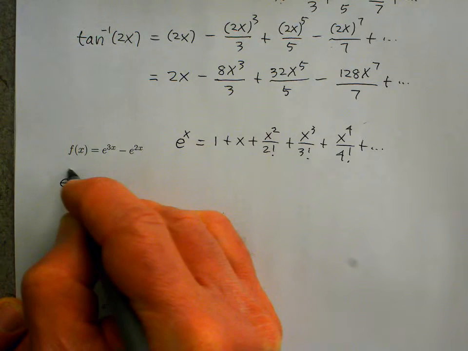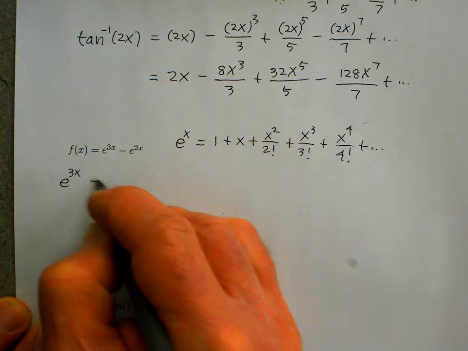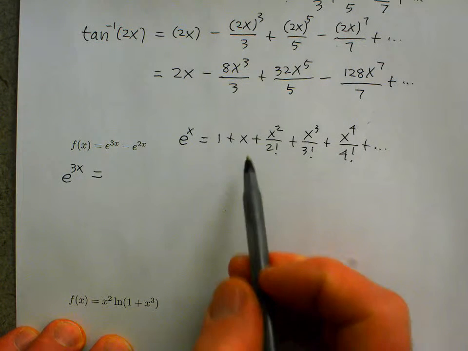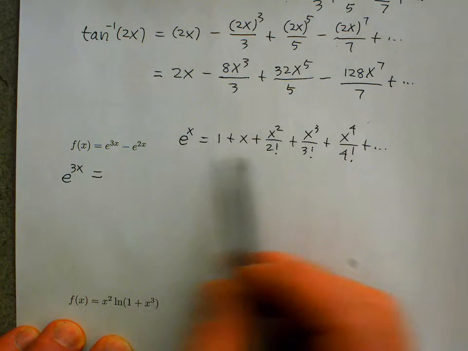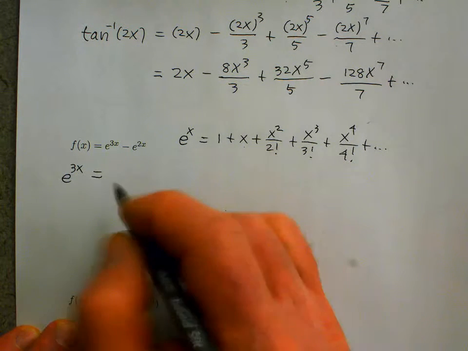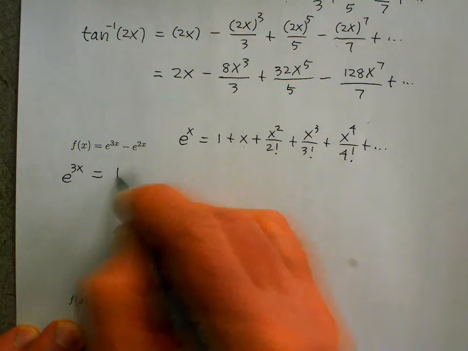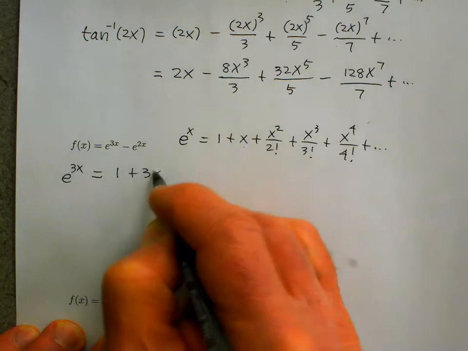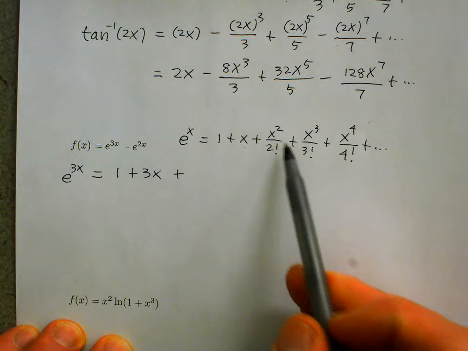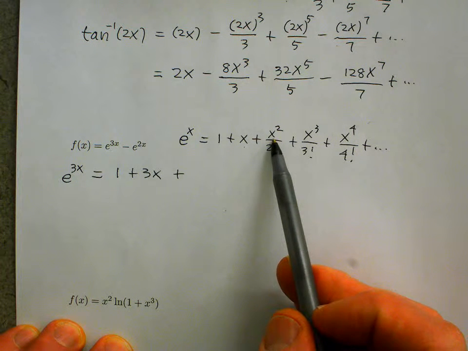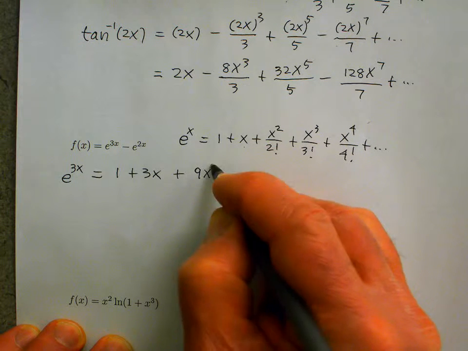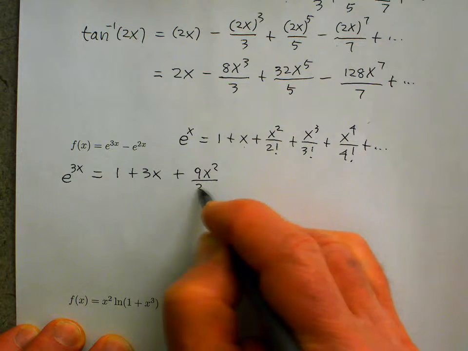So e to the 3x, well, in the series e to the x, we just replace every x with 3x. So we get 1 plus 3x. And let's go ahead and simplify these a little bit. 3x to the second is 9x to the second over 2 factorial.